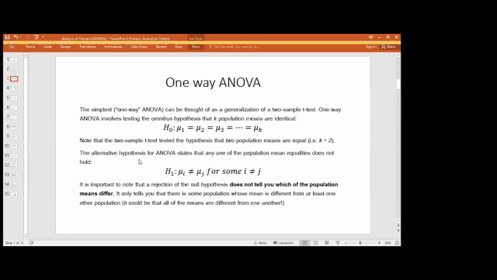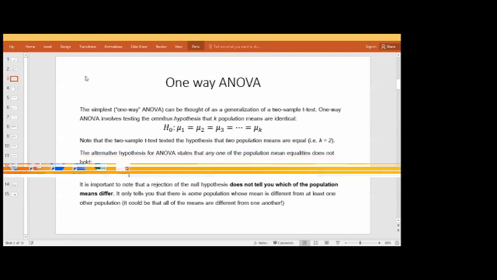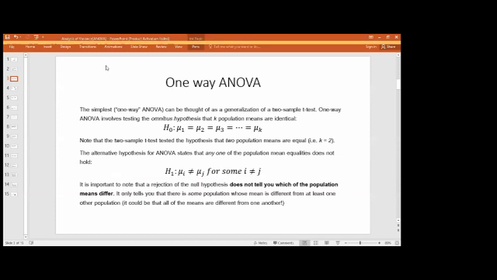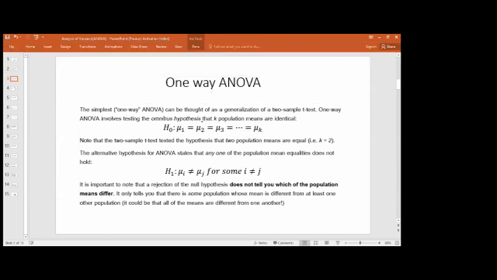So here is the concept of mean. We add all observations and divide by the total number of observations. This is the mean calculation. In a one-way ANOVA test, the null hypothesis is that all means are equal.